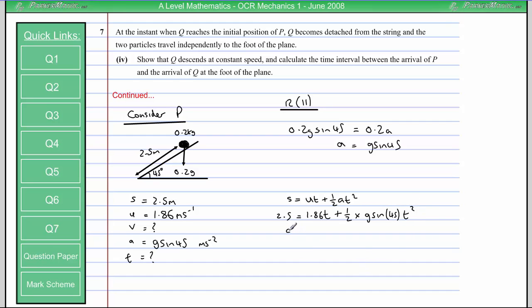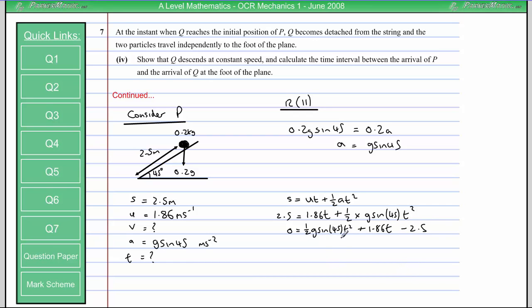So let's rearrange this so we get a quadratic that equals 0. We get 0 equals a half g sine 45 t squared plus 1.86 t minus 2.5.